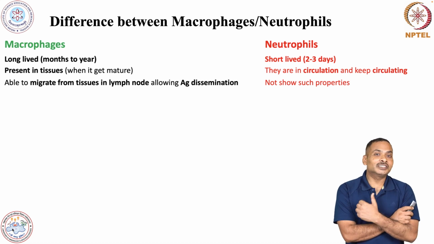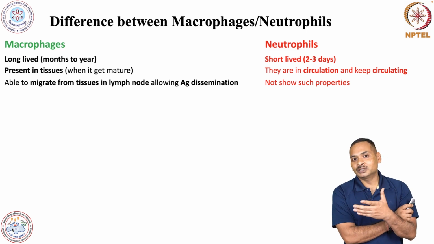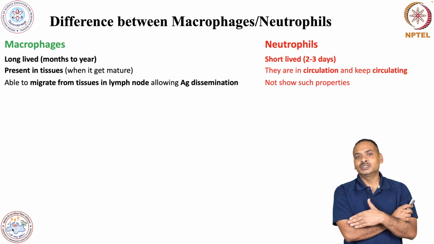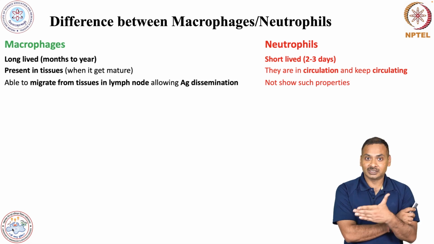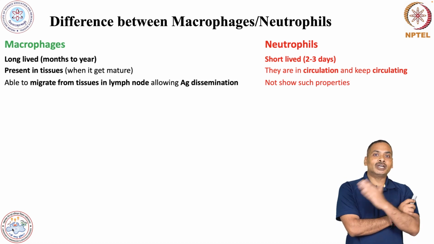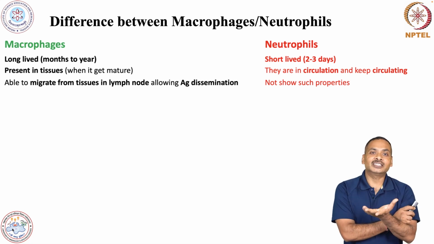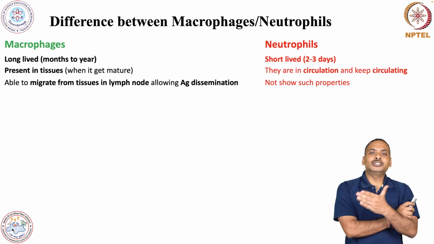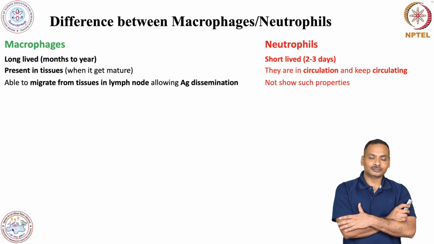This dissemination is very important, because if the antigen is not disseminated, it will be difficult to induce the antigen specific adaptive immune response, that is the B cell and T cell mediated immune response. So macrophages are very good at taking up antigen and disseminating it to the nearest lymph node, but neutrophils don't show such a property.